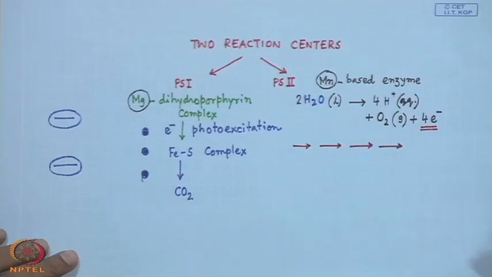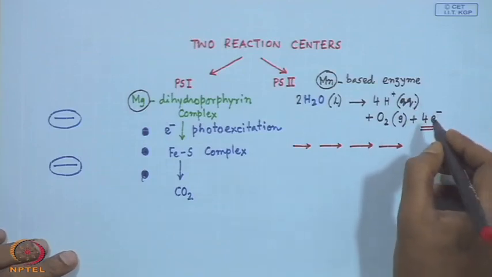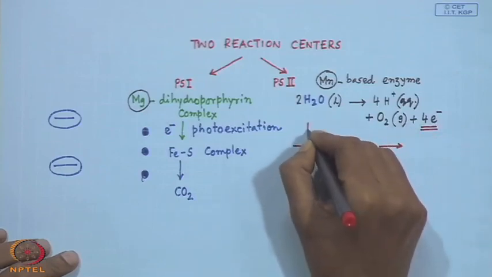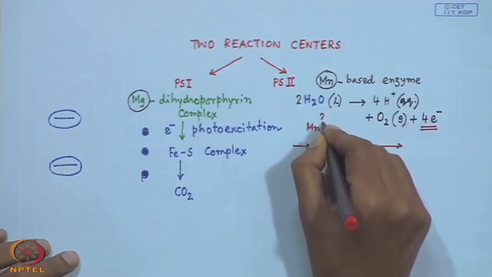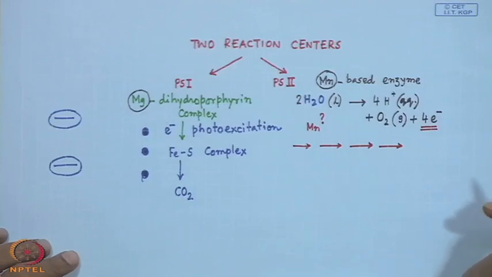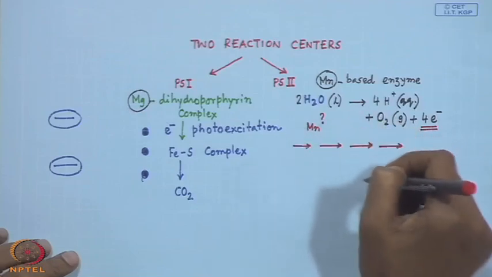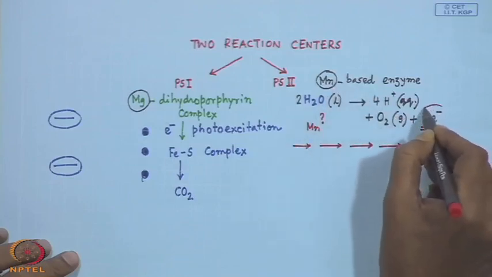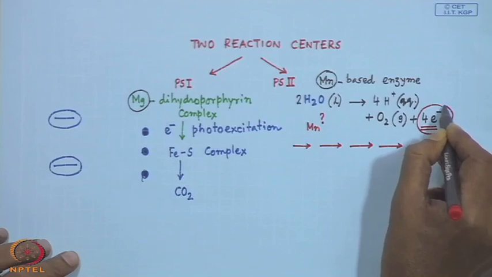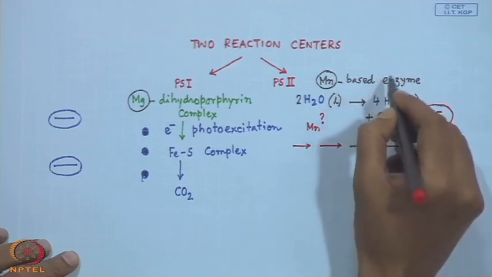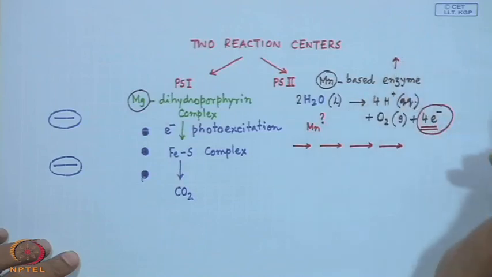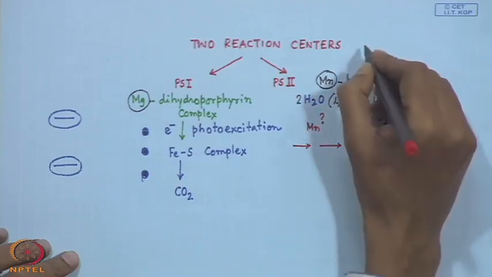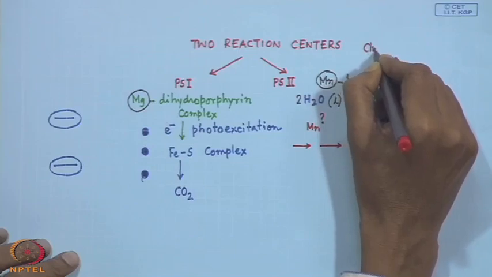That is also a typical manganese based enzyme which can show that one after another electron transfer can take place, and also the importance of the manganese oxidation state, how we can go for those changes in the manganese oxidation states. When we think that at least 4 electron transfer can take place, we can think of this manganese based enzyme. It cannot be a mononuclear enzyme, it is a multinuclear cluster type of arrangement.